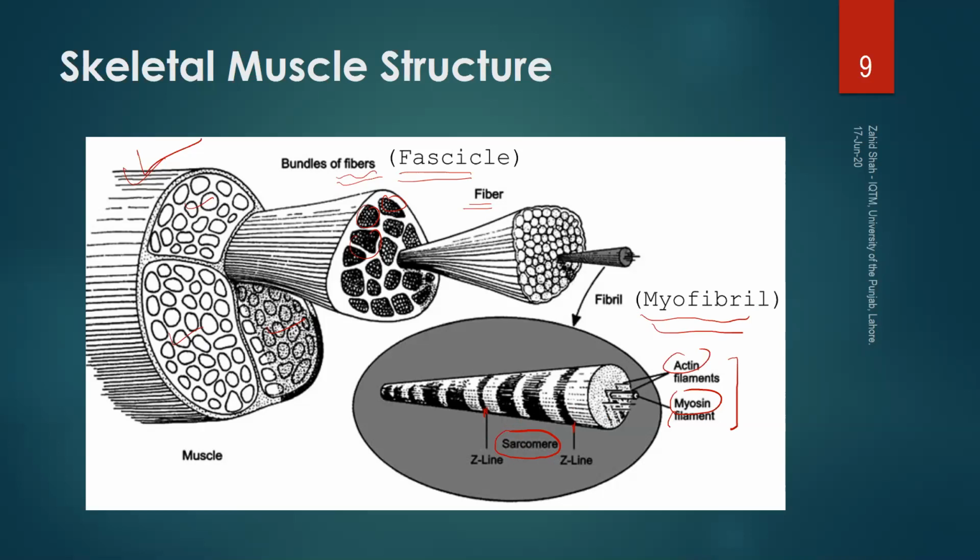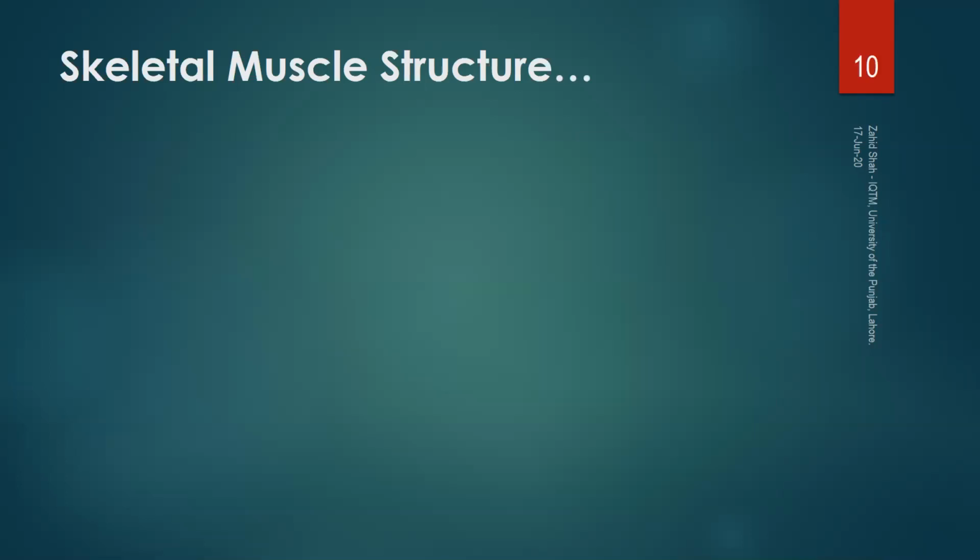Once the muscle moves, through the tendon it moves the relevant bone, and the relevant movement actually takes place at the joint. So this is the cycle that actually takes place.